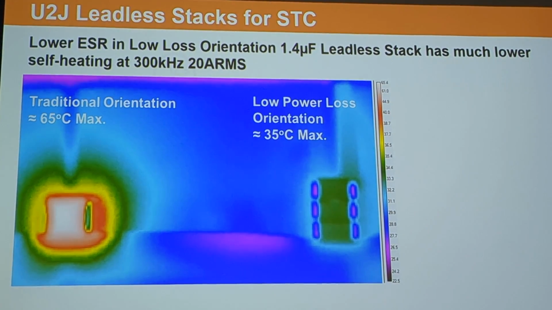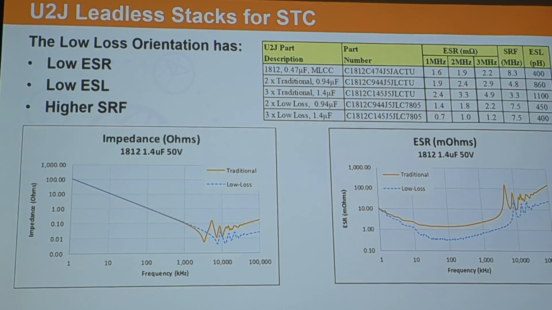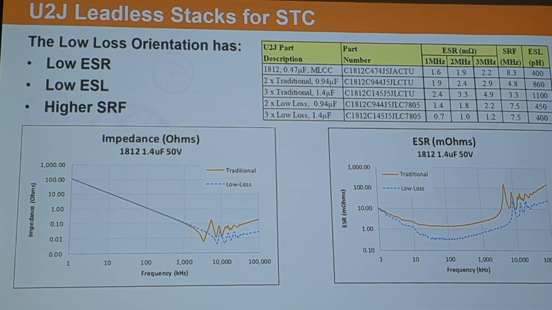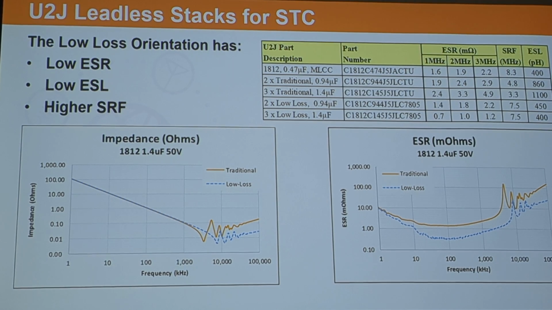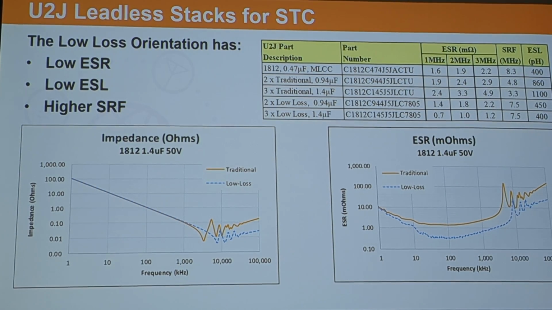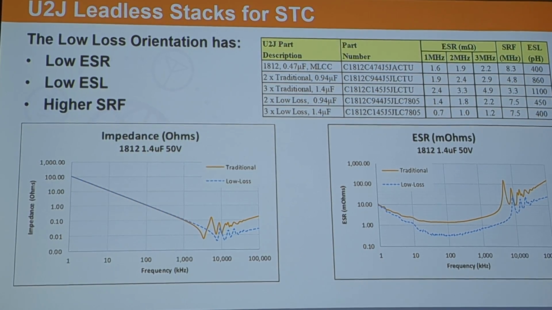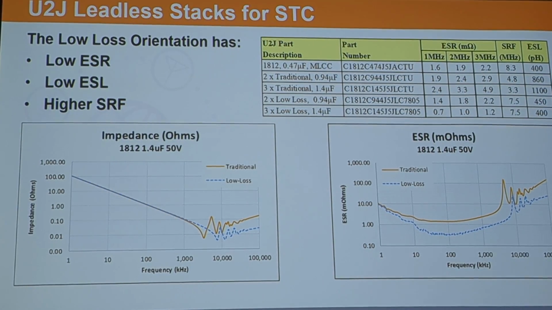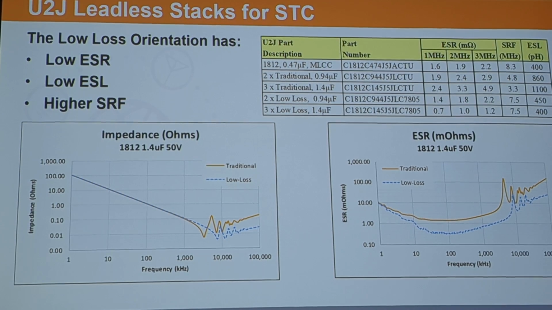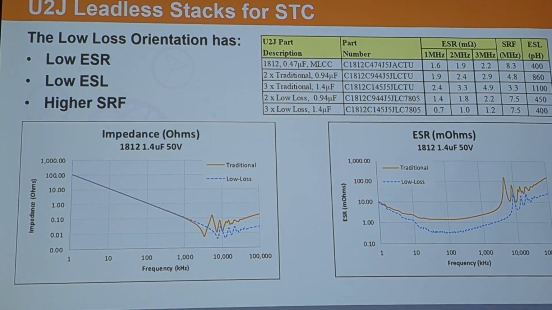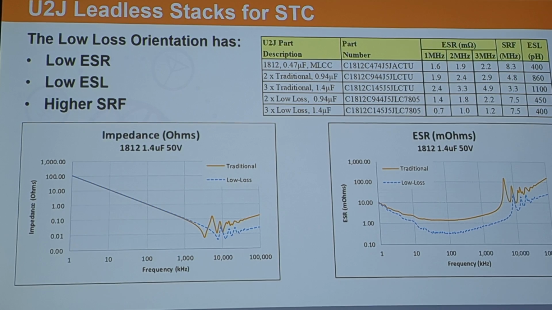So it's a big difference. And we also compare the ESR, ESL, and self-resonant frequency of these two orientations. And again, the low loss orientation has lower ESR, lower inductance, and also a higher resonant frequency.